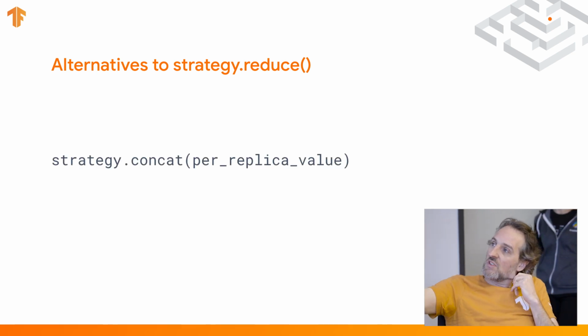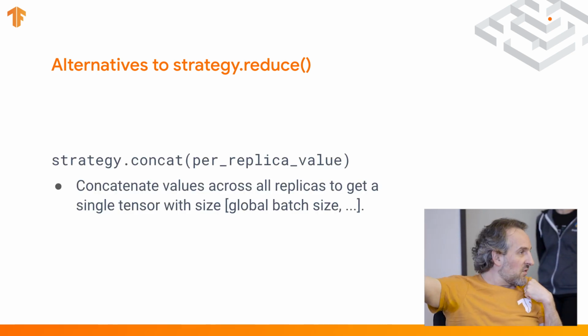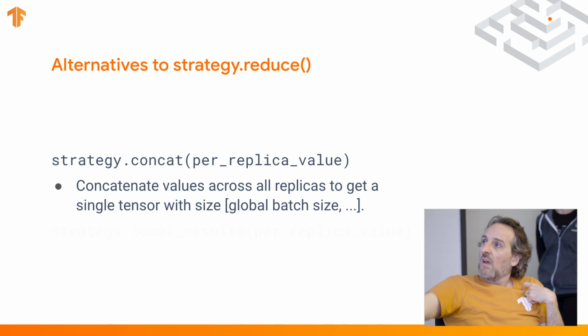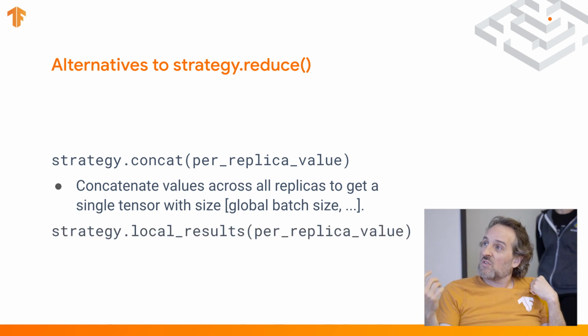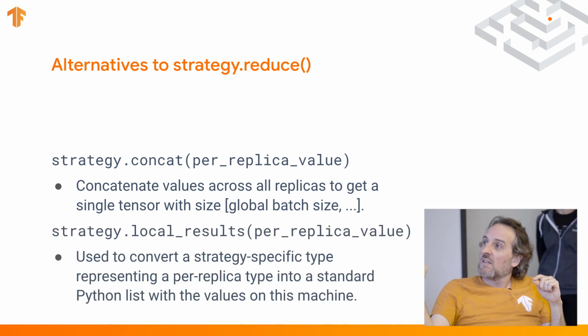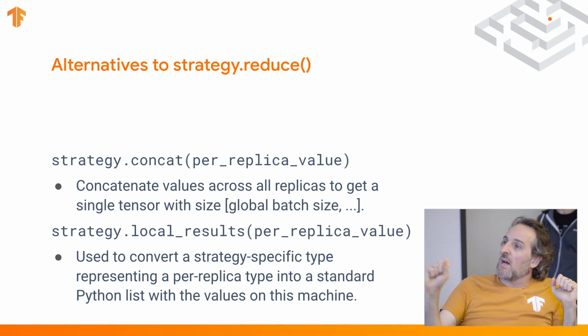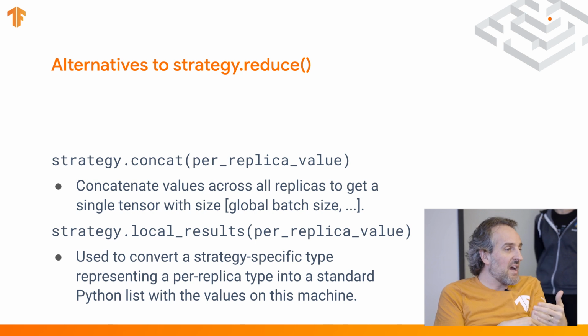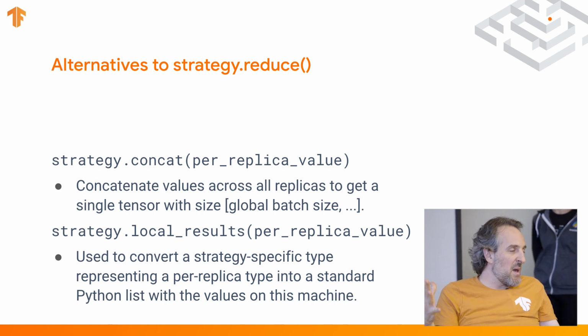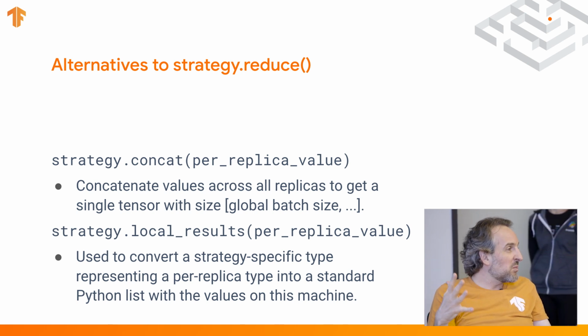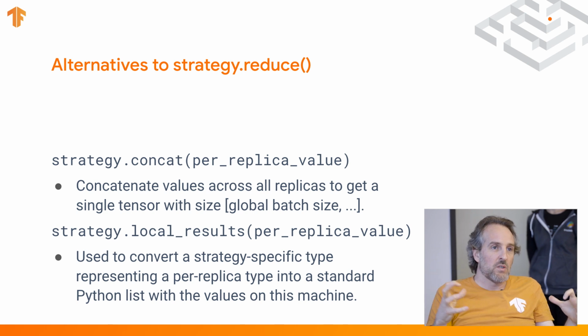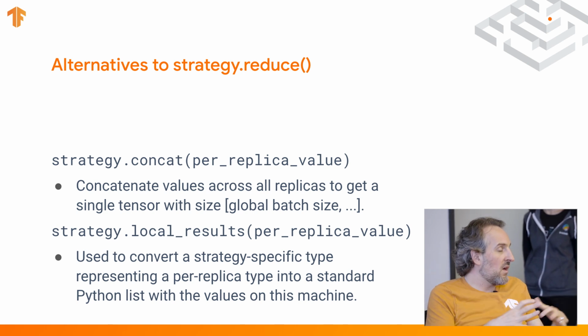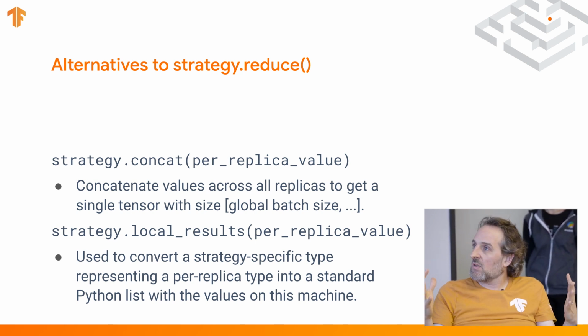So I talked about using strategy reduce at the end after the experimental run call. There are some alternatives. Strategy concat, not quite implemented yet, is another way of getting values out in a way that doesn't really depend upon how it was split up into different pieces for the data parallel computation.